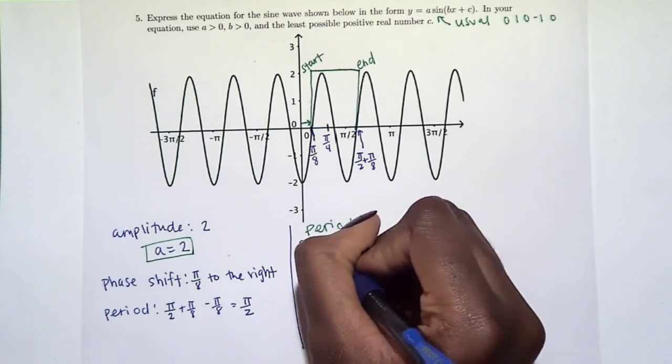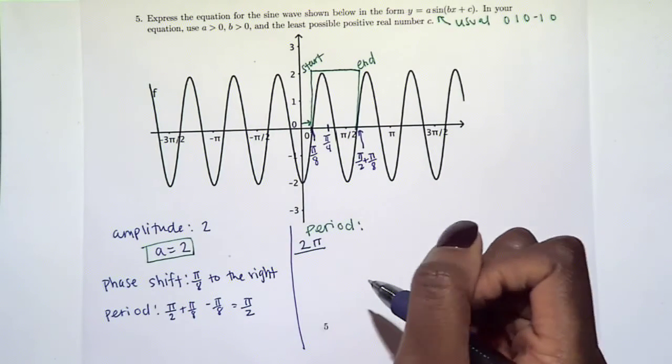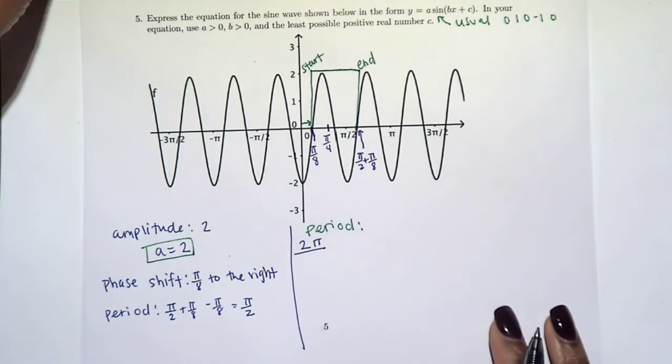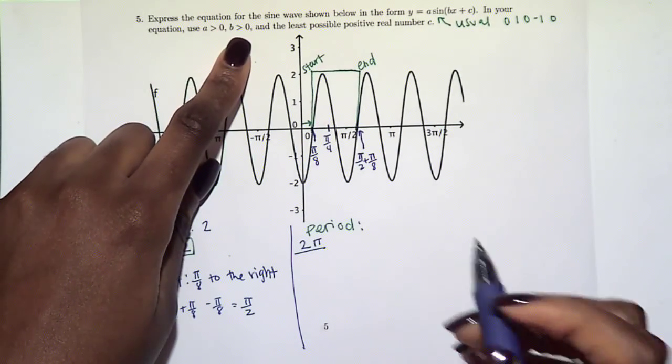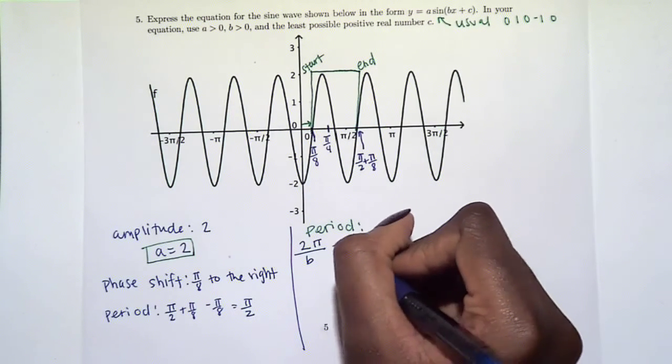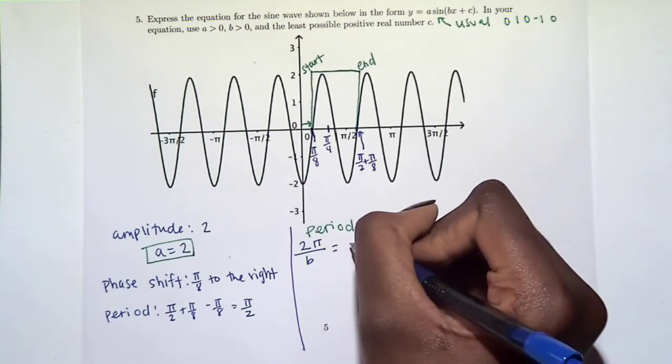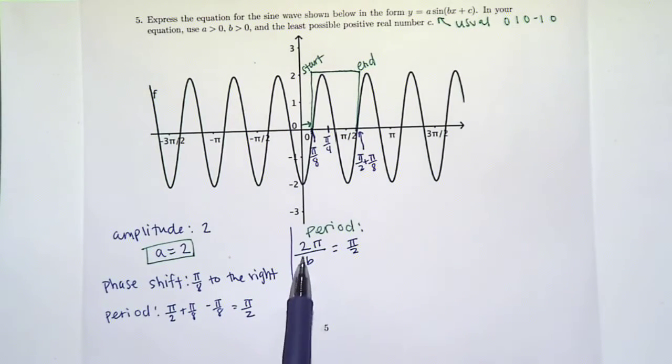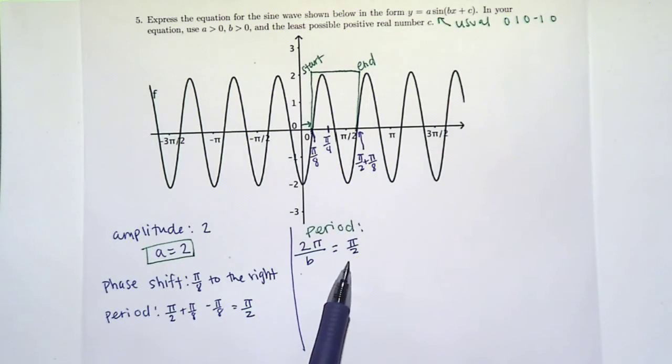Remember it's 2 pi over the absolute value of b, but we've already determined b is going to be greater than 0, so it's not going to be negative. So 2 pi over b, all right, and our period equals pi over 2. So 2 pi over b must equal pi over 2, which means we can solve for b.